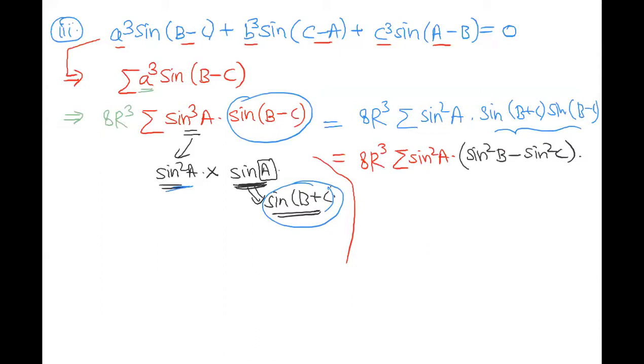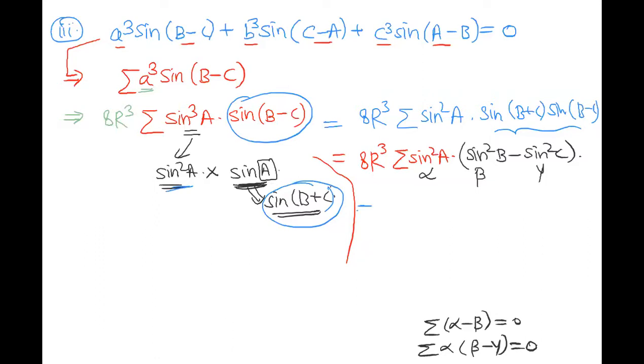As we know, summation of alpha minus beta is 0, and we have also said the summation of alpha into beta minus gamma is also equal to 0. Clear? So this is alpha, this is beta, and this is gamma. Summation of alpha into beta minus gamma is also coming out to be equal to 0.